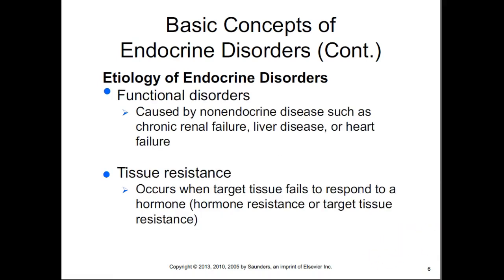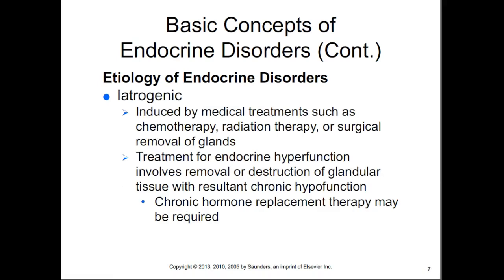Some of these functional disorders can also be caused by non-endocrine disease, such as chronic liver failure, chronic renal failure or heart failure. So if you have failure of the organs that are regulatory, then you might also have functional disorders. And then tissue resistance: the target tissue is now not responding to the hormone anymore, again mostly involving a damaged or lack of, a downregulation of, the receptor.